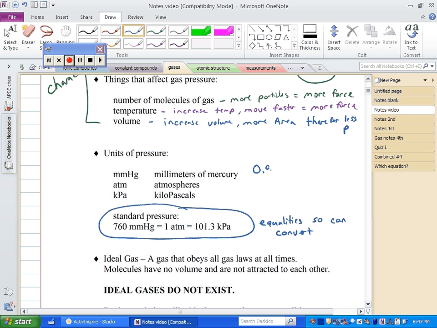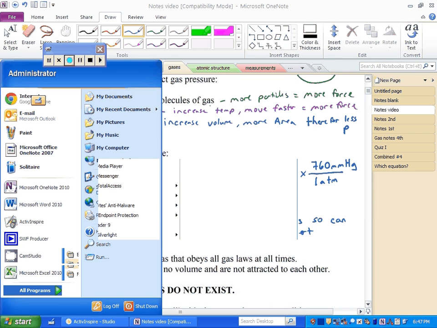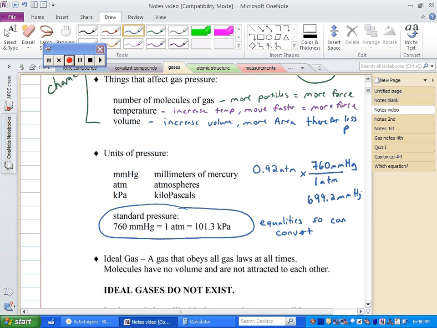We have 0.92 atmospheres. We would set it up like that to convert to millimeters of mercury, and so we would get 699.2 millimeters of mercury, which was a pretty poor example.